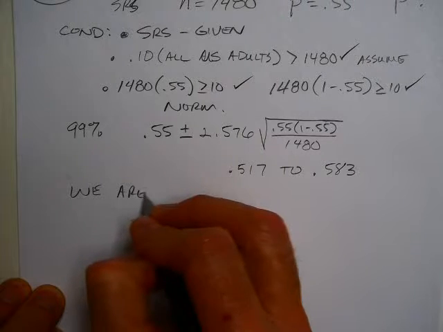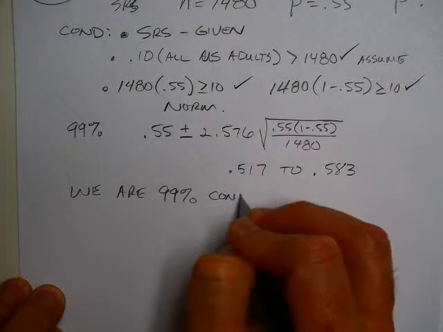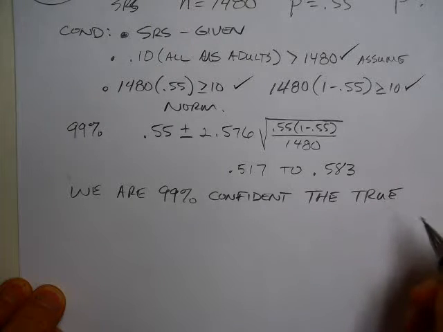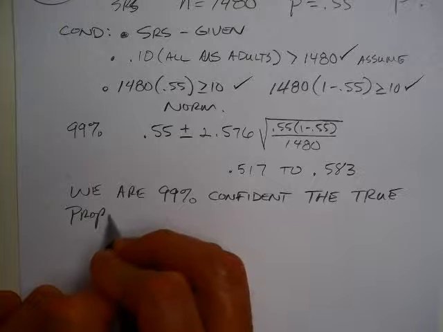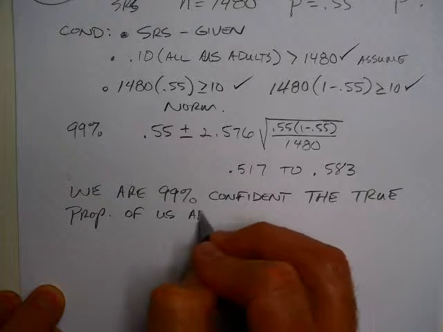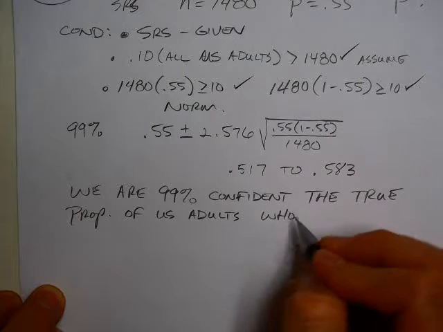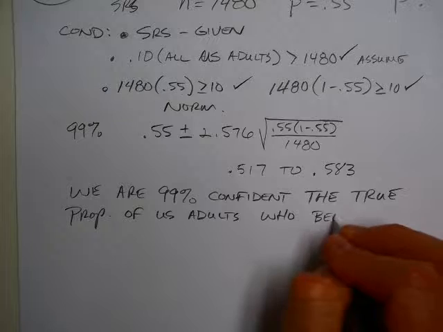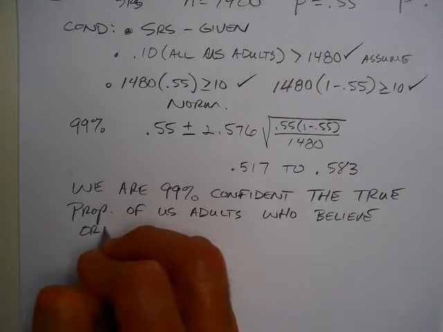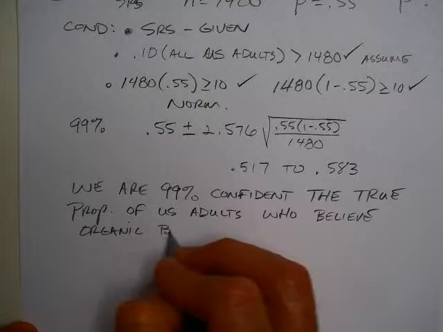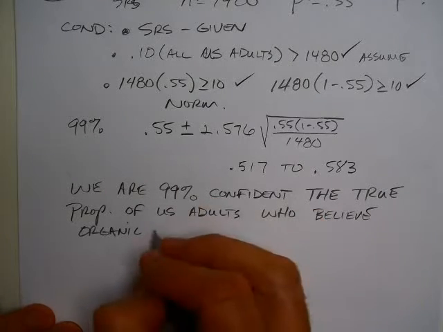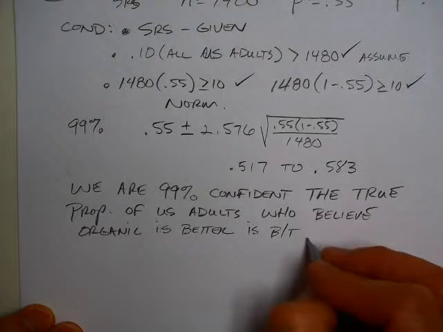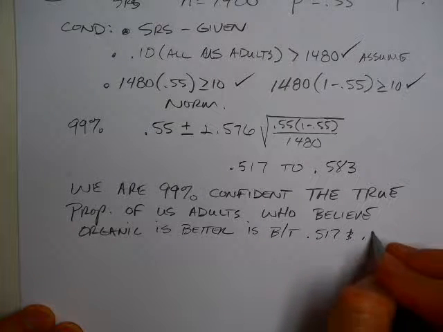We are 99% confident the true proportion of U.S. adults who believe organic is better for you is between 0.517 and 0.583.